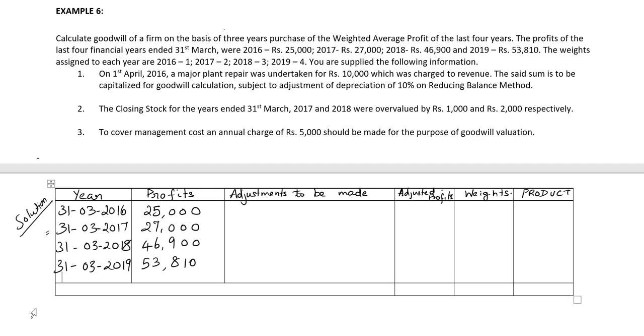So we need to add back the 10,000. 1st April 16 will affect the year 1st April 16 to 31/3/17. So in the adjustments to be made under year 31/3/17, we will add back 10,000 rupees.